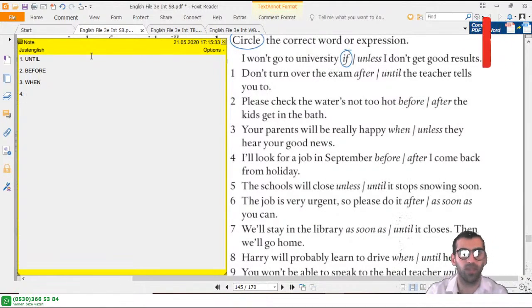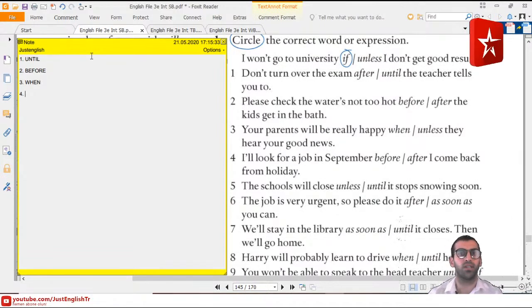And let's continue with number four. I will look for a job in September before or after I come back from holiday. Number four, which one is correct? Alp says before, but it is false.